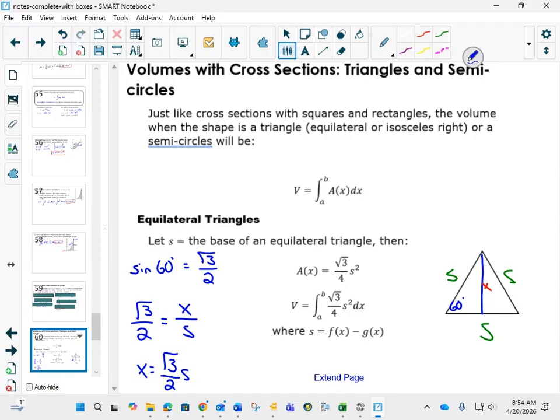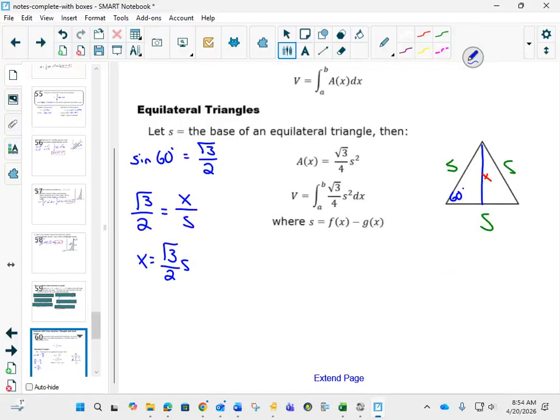Now, something isn't quite right, because if I now do base times height, I would have root 3 over 2 s squared. Where's my 4 coming from? It's 1/2, right? Area of a triangle is 1/2 base times height, so there's that extra 2 on the bottom. And we get root 3 over 4 s squared.